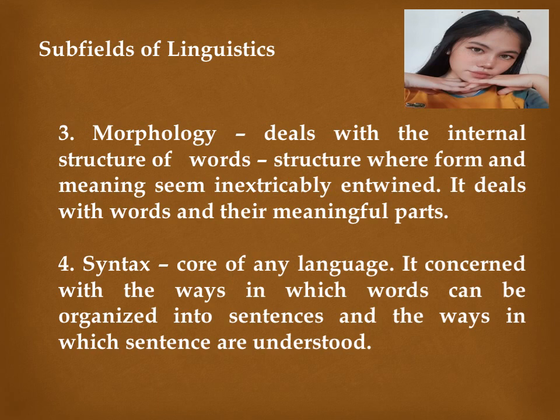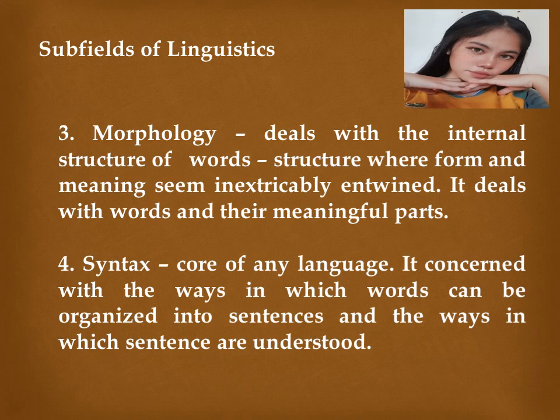So, for example, the word cover is morphologically simple and its only structure is phonological, while the word lover contains the smaller element love and some extra meaning which is related to the final letter R in the spelling. So another way of talking about this is to say that morphology deals with words and their meaningful parts.